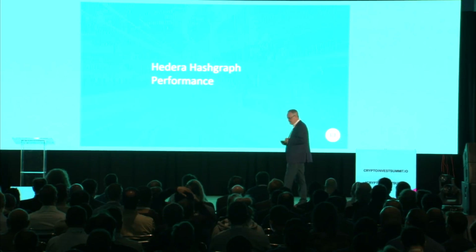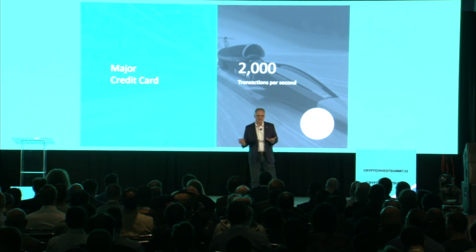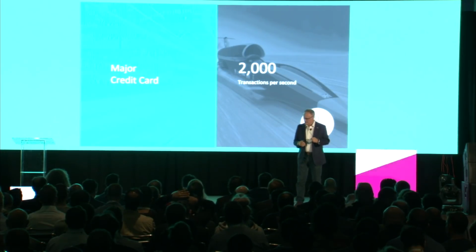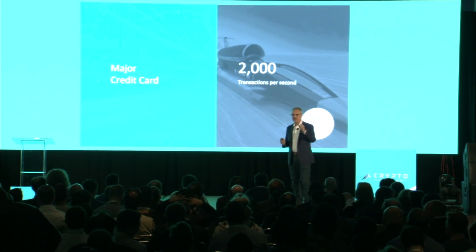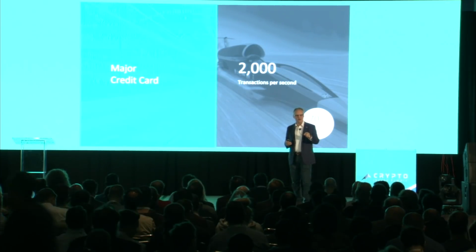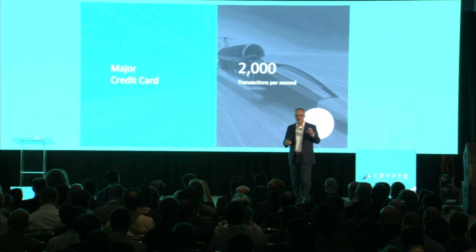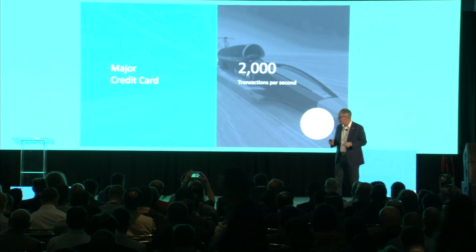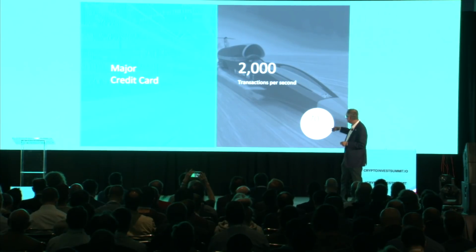So what about performance? Visa has on average 2,000 transactions per second. And the terms of service require that when you use your credit card, you need to get the answer back, can I use that card, within 7 seconds. It's a little bit hard to see.